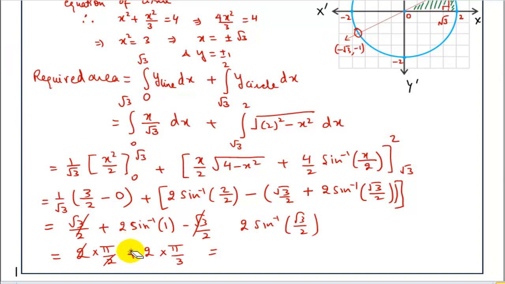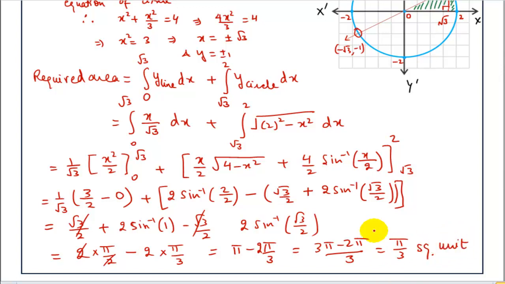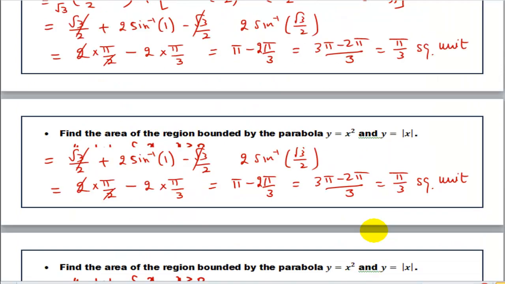So we are left with pi minus 2 pi by 3, which on solving comes out to be 3 pi minus 2 pi by 3, or we can simply say pi by 3 square unit. So this is the area which was enclosed by the given line and the given circle.